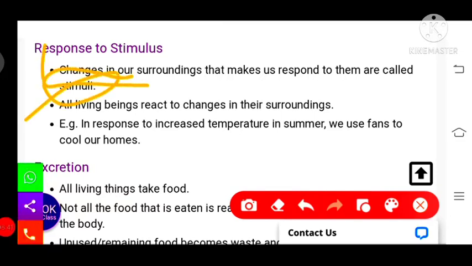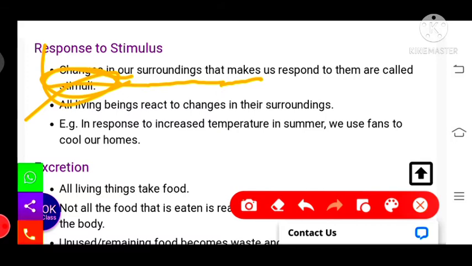It means if there is any change in our surroundings and we respond to it, that change is called a stimulus. For example, if there is cold, that cold makes a change in us, because in the winter season we wear woolen clothes.